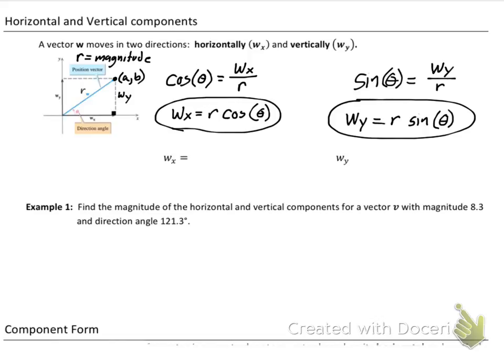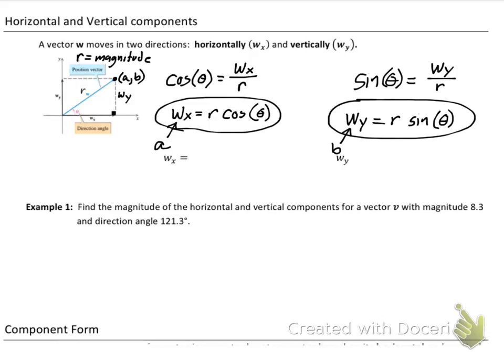So that means our wx value sometimes is called a, and our vertical component is oftentimes called b. All right, and we're going to see that later on. That's when we put it in component form, we use a and b. But for this next problem, we're going to talk about vertical and horizontal.